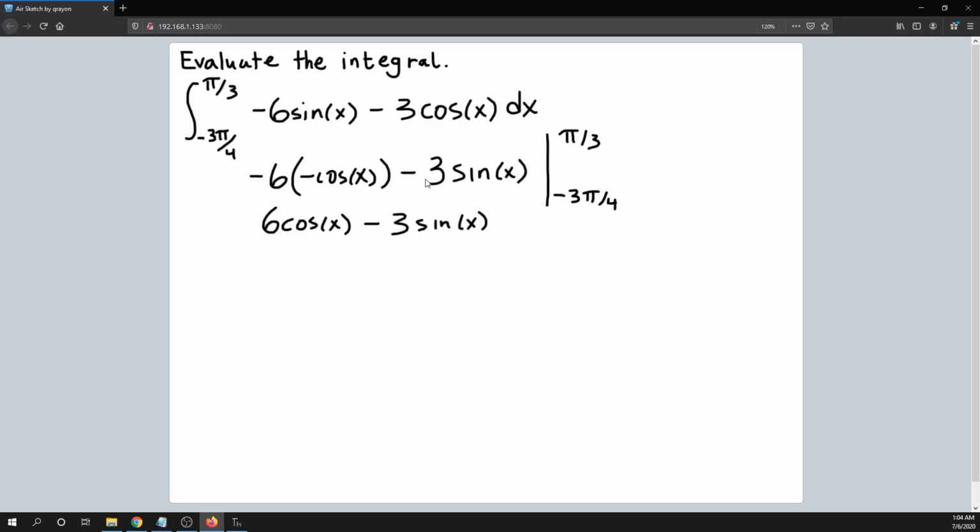To 6 cosine x minus 3 sine x, and again that's going to be evaluated from minus 3 pi over 4 to pi over 3. Okay, so I'm going to plug in the pi over 3. Doing that, I'll get 6 cosine pi over 3 minus 3 sine pi over 3.